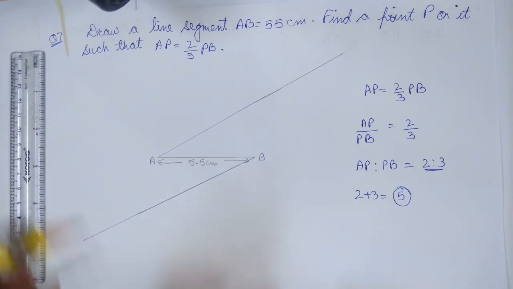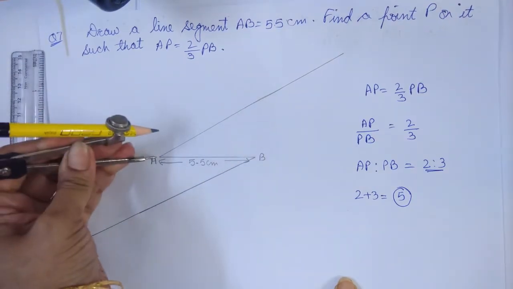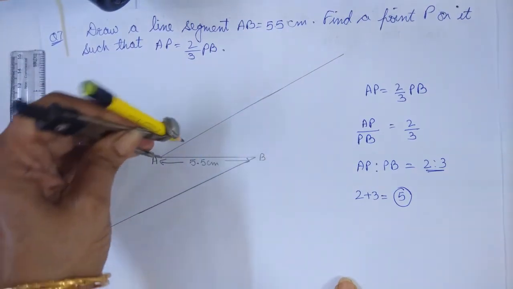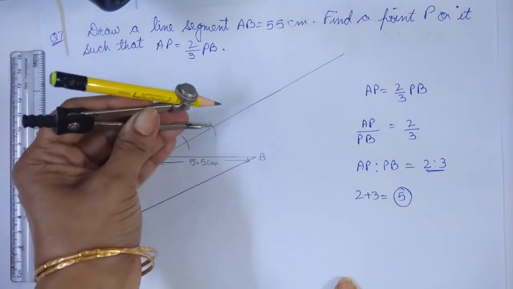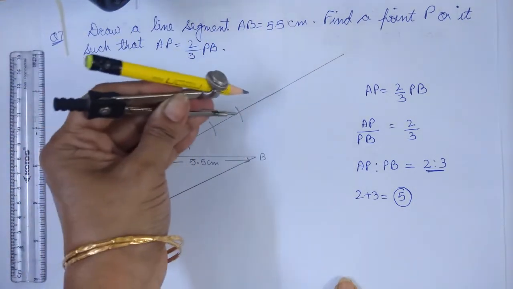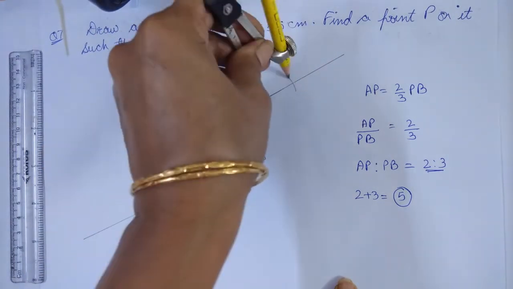So same procedure we will follow. We will draw the 5 equal divisions of the same measurement. Don't forget to do 1, 2, 3, 4, 5.